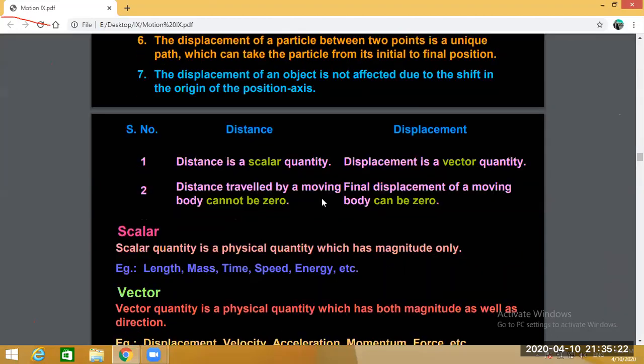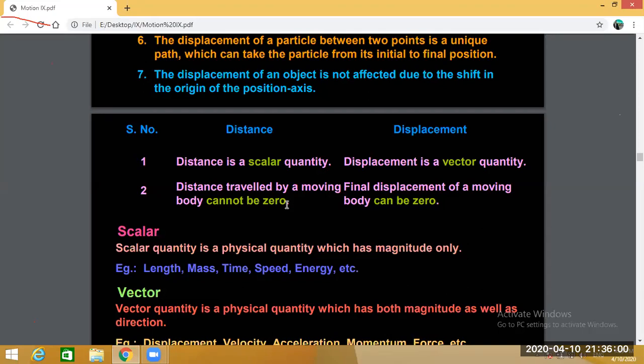Now we have to see the difference between distance and displacement. When we are asked, what is the difference between distance and displacement? First we have to know about distance. There are two points of difference. First, distance is a scalar quantity, and it has no direction associated with it.